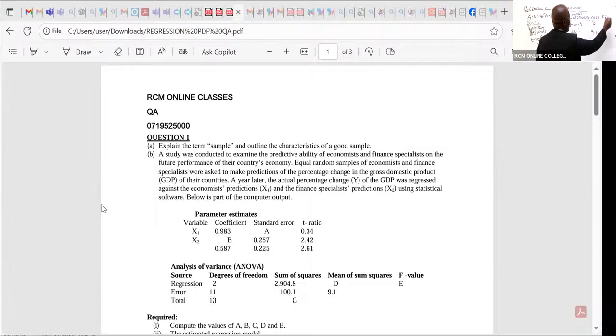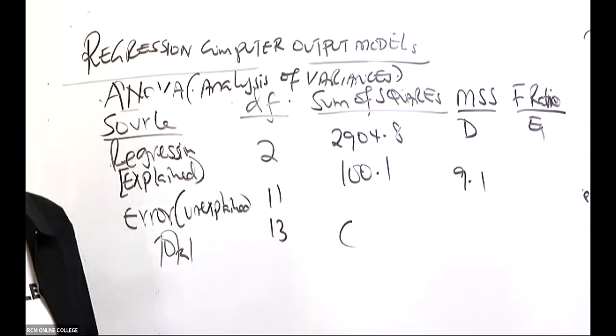So the F ratio that we have here, it has not been given to us. It is E. So ladies and gentlemen, now they want me to come here and give them the missing D, C, and E. That I'll be able to get pretty fast.